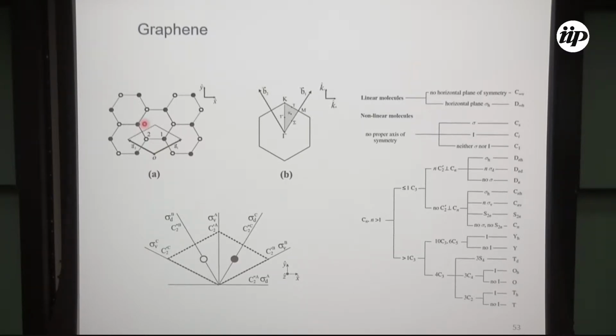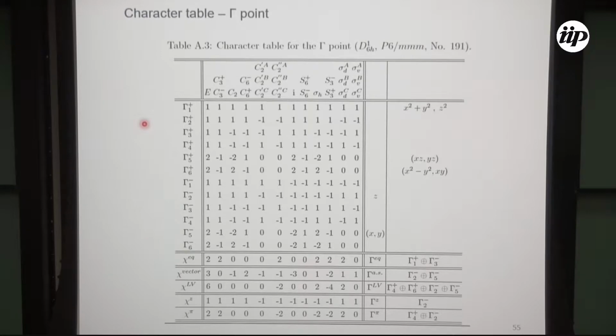And what matters is the character of the matrices, which is the sum of the diagonal terms. So if you exchange sites, the character will be 0. If not, the character will be 2. Okay? So here we go. If I take, for example, the identity, it doesn't change anything, it's 2.